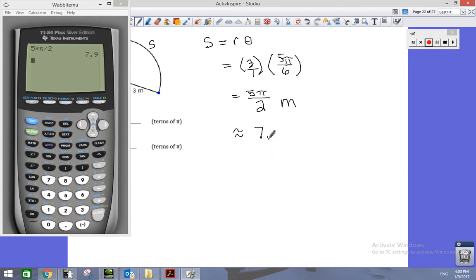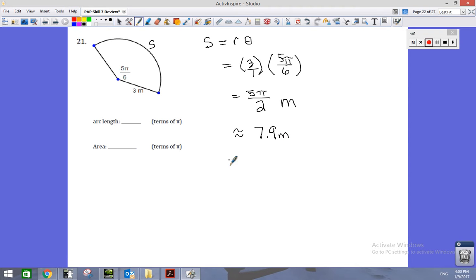To 1 decimal, 7.9 meters. Now the area, the formula for the area, if my angle measure is in radians, is 1/2 r squared times this angle theta. That's what I'm calling theta, is the angle measure.